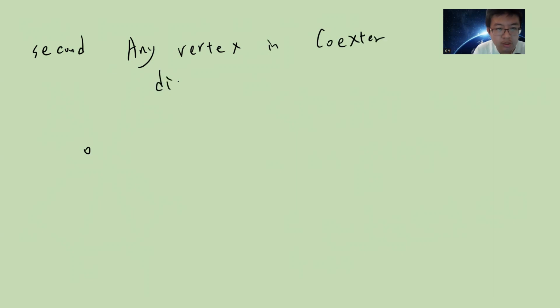The second: any node can be connected to at most 3 nodes. Any vertex in a Coxeter diagram has degree at most 3.